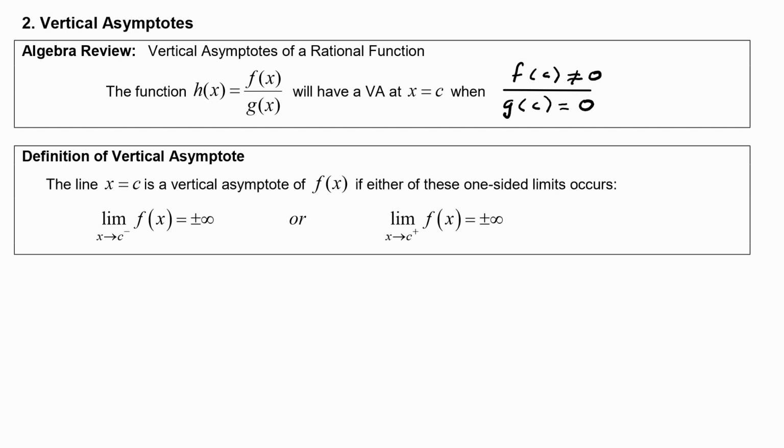You have to show that that one-sided limit is either positive or negative infinity. And we will use this algebra concept for when the denominator is 0 and the numerator is not, so that we know where to look for the vertical asymptotes. So let's see how this will work.